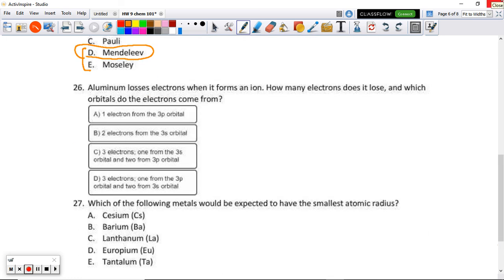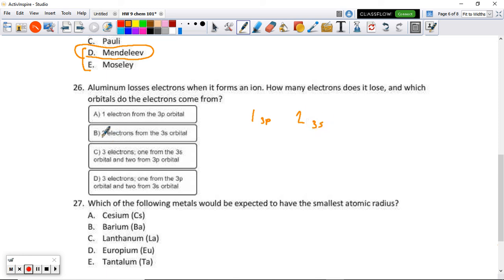Aluminum loses its electrons when it forms an ion. How many electrons did it lose, and in which orbitals? All right, so it's going to lose 1 electron from 3p, and it's going to lose 2 electrons from 3s.